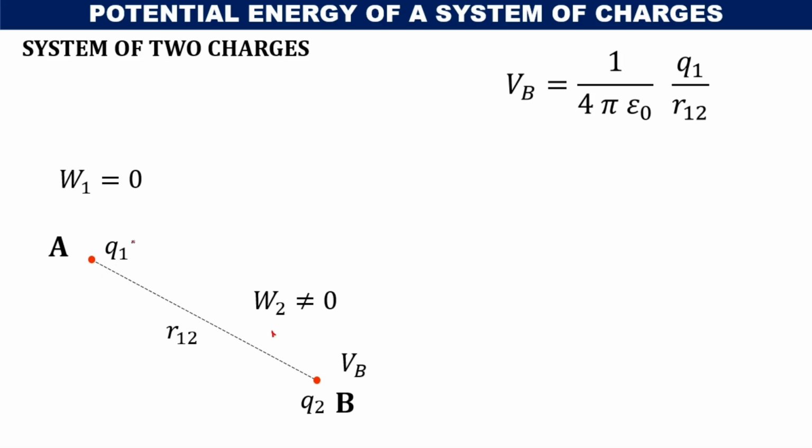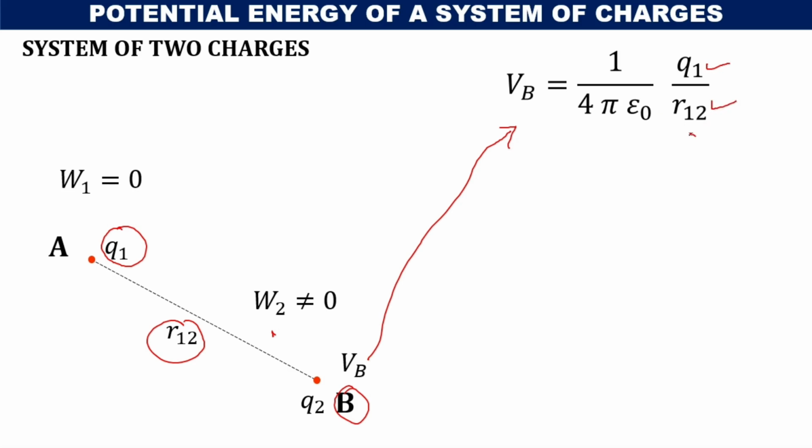We are placing a point charge Q1 at point A. And here at point B, which is at a distance of R12 from the point charge Q1, the potential, which is represented as VB, should be equal to 1 by 4 pi epsilon naught into the source charge divided by the distance of the given point from the source charge.